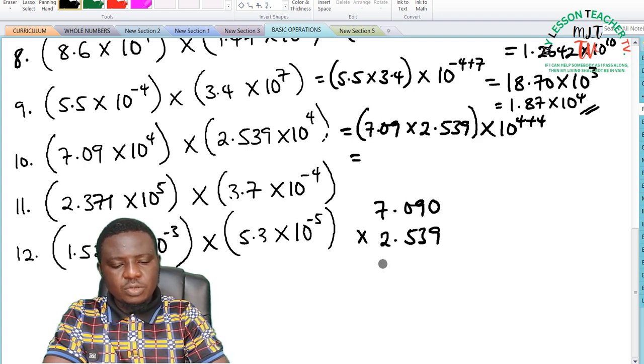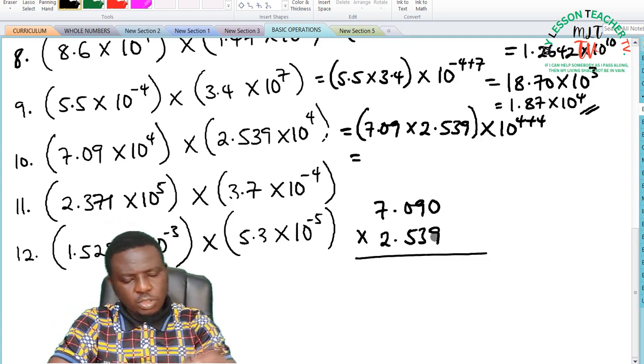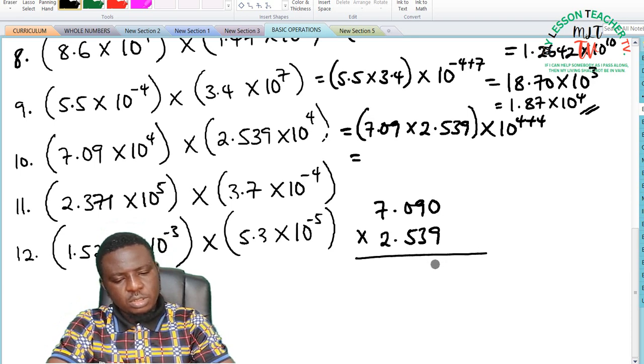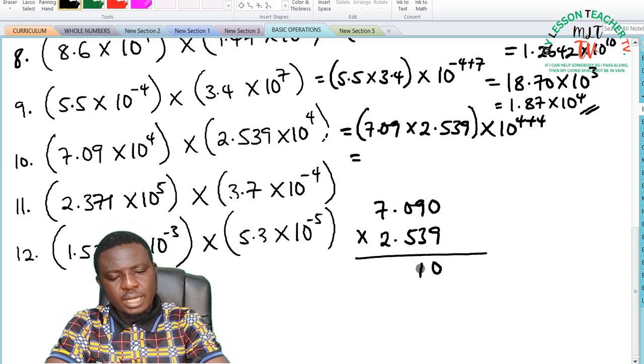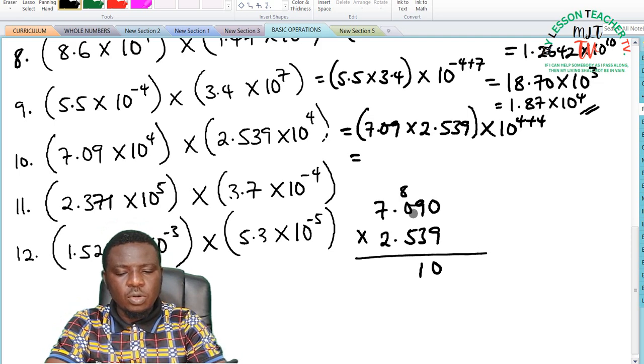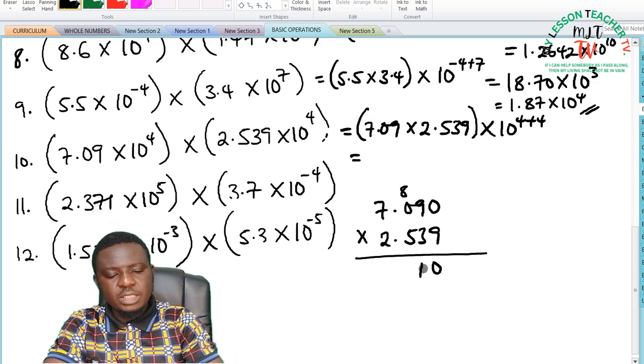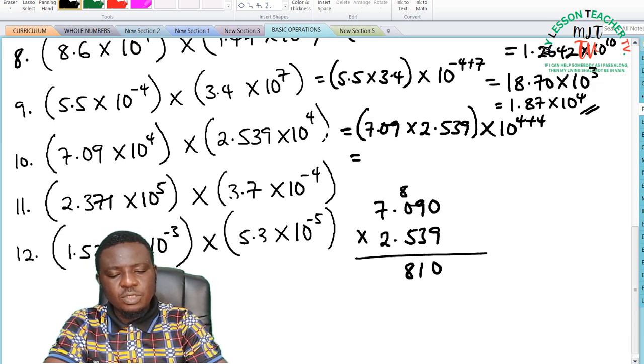Let me add the third zero. This gives us 9 times 9 is 81. You write down 1, carry 8. 9 times 0 is 0. Plus 8 is 8. 9 times 7 is 63.